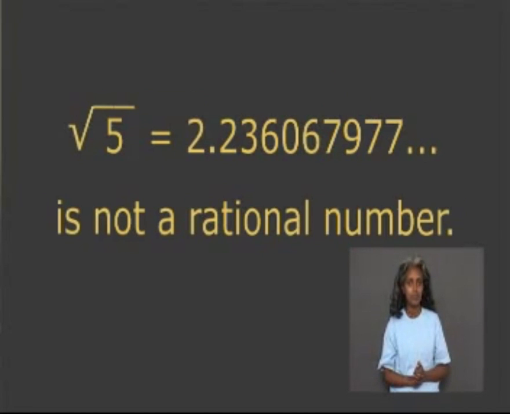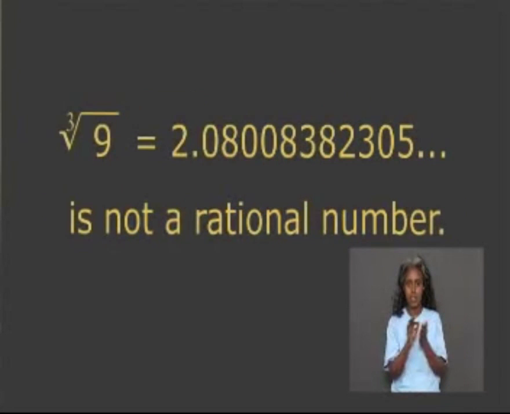The decimal number for the square root of 5 does not terminate, so B is not a rational number. Likewise, D is not a rational number.